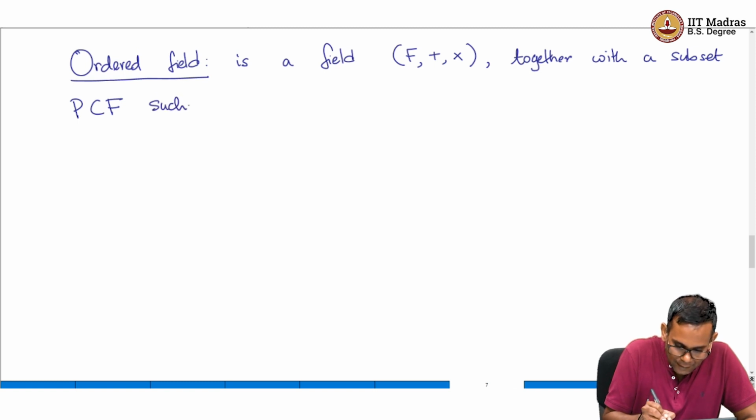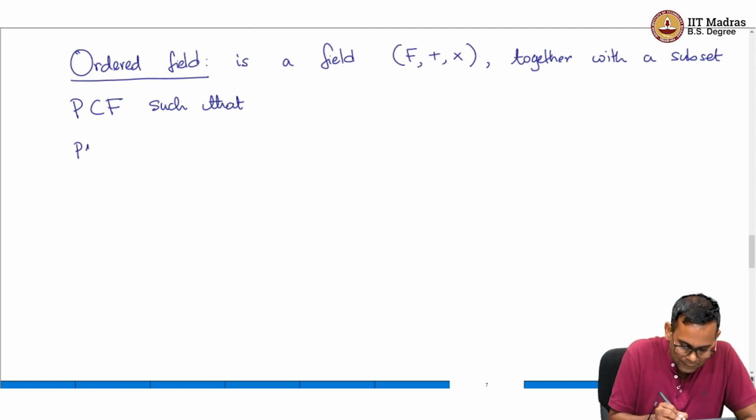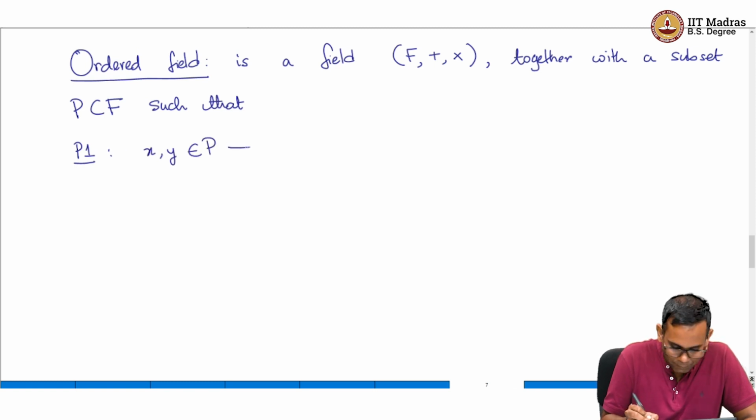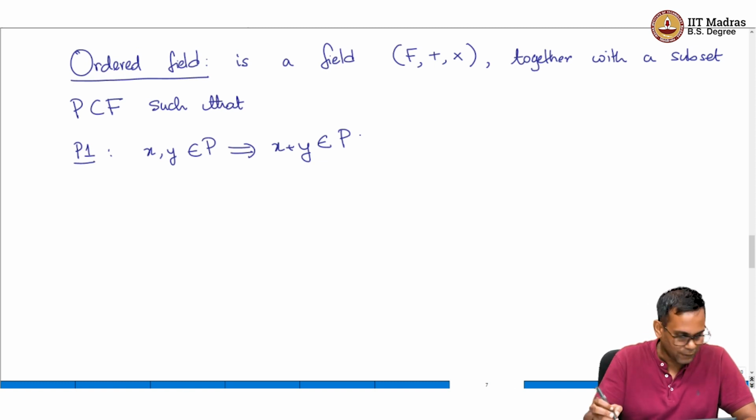And so, this must satisfy the following properties that are obvious for positive numbers. The first is that if you take two positive numbers and you add them up, then you get a positive number. So, what we are saying is that if x and y are in P, then x plus y is again in P. So, this is called closure under addition.